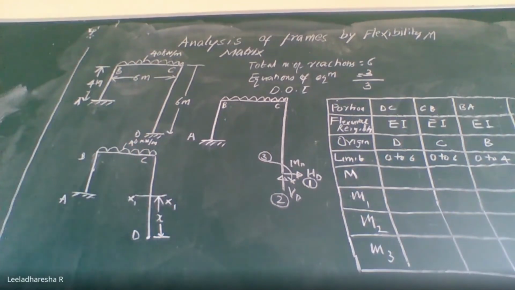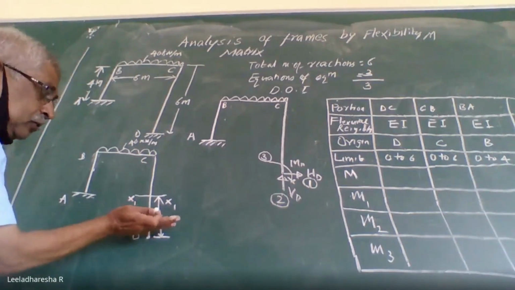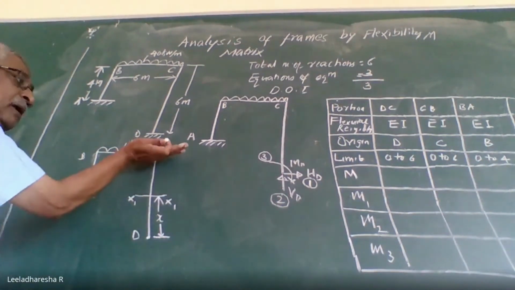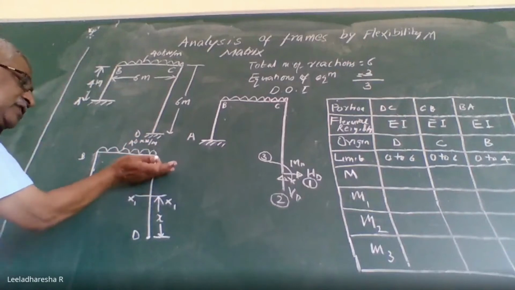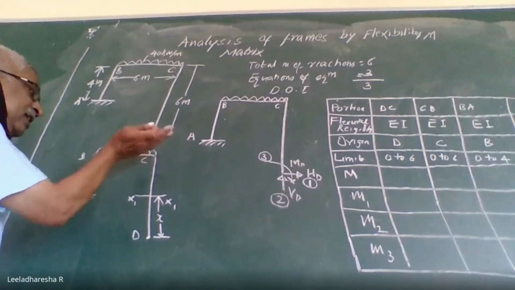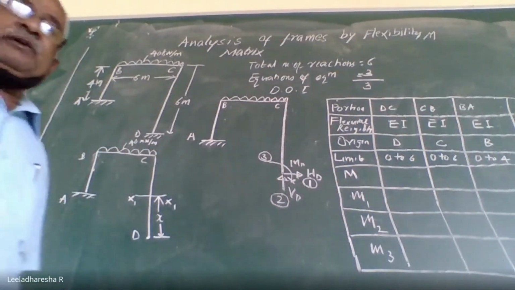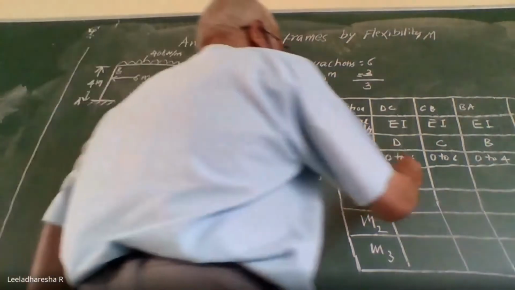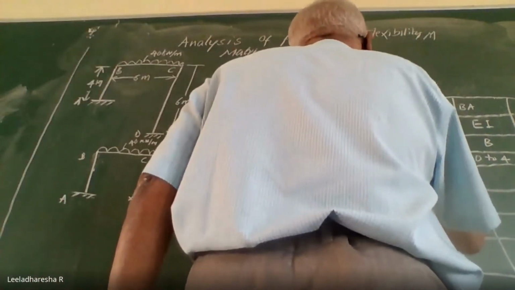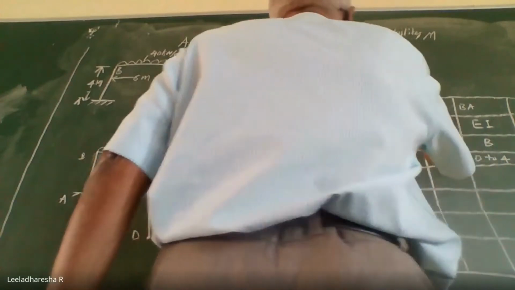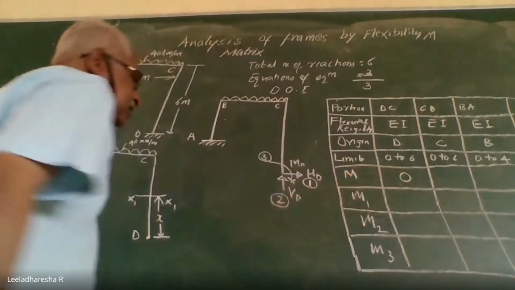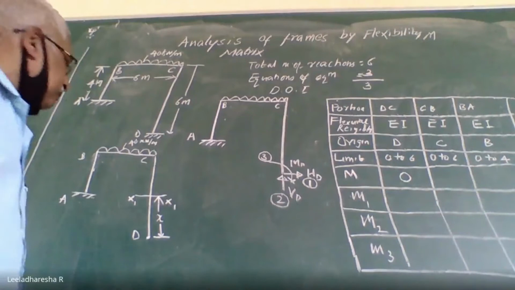There is no bending moment at all, because as you move the section from D to C, you find that no section of the column DC is subjected to any bending moment. Therefore, for the portion DC, the bending moment due to external load is 0.